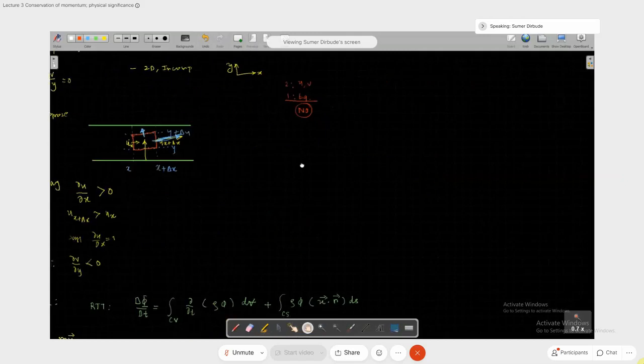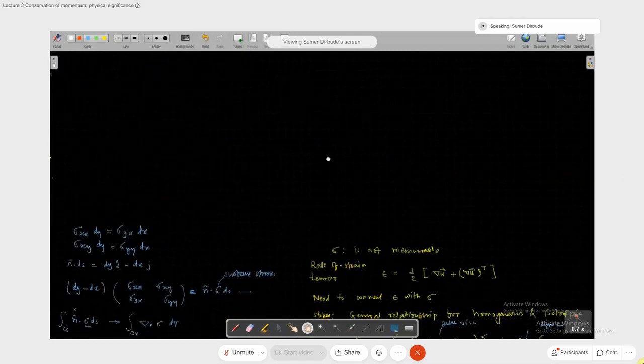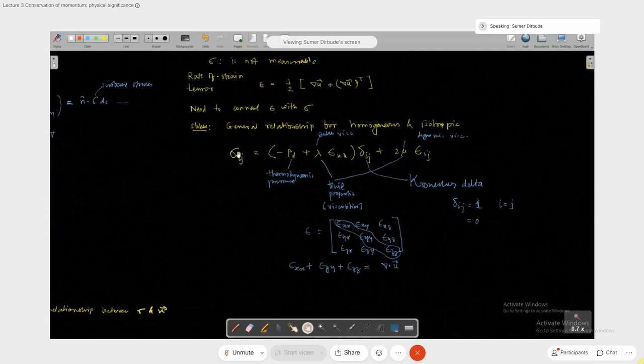So for an incompressible flow, del dot u can be 0. This is equal to 0 for an incompressible fluid.